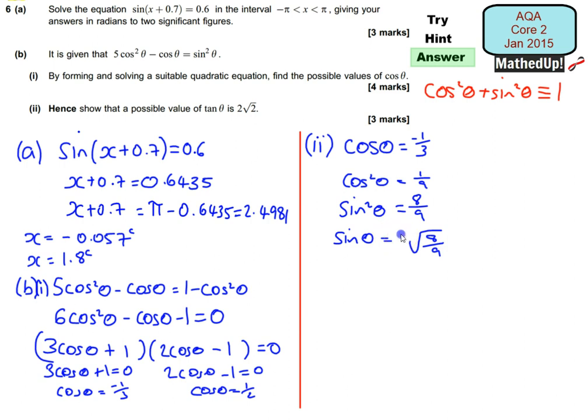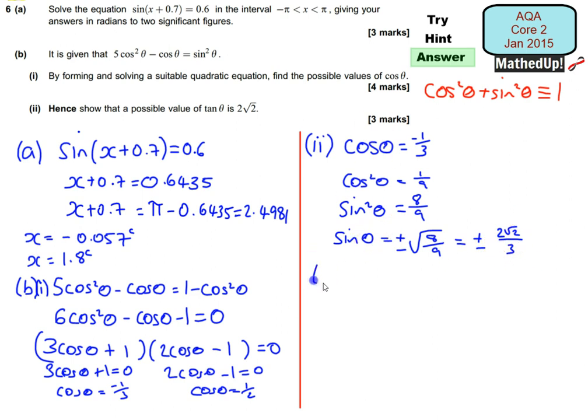And it's actually plus or minus the square root of 8/9. There's going to be two solutions for this. Okay, and if I simplify that, it's going to be plus or minus the square root of 8, which is 2√2, and the square root of 9 is 3. So we're going to have plus or minus 2√2 over 3 for sine theta.